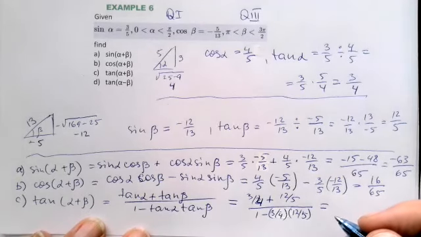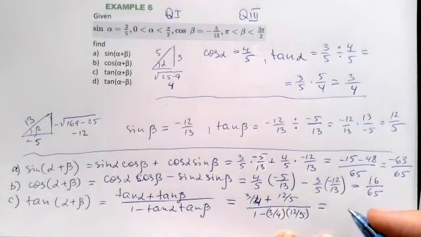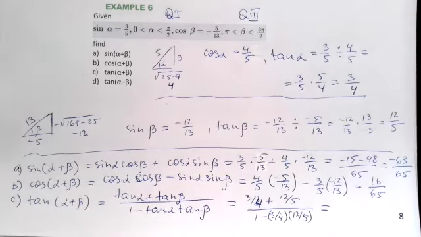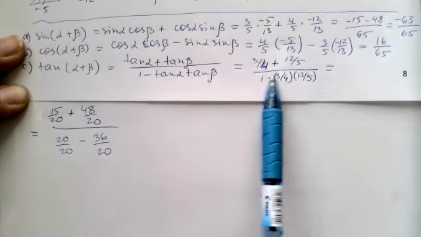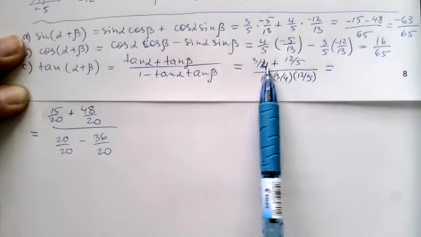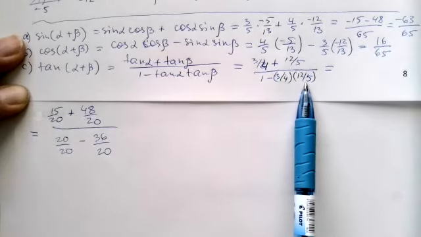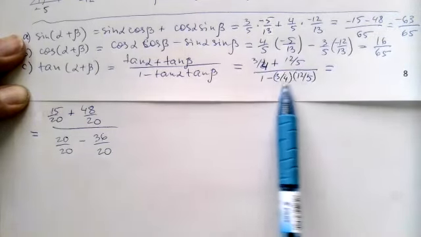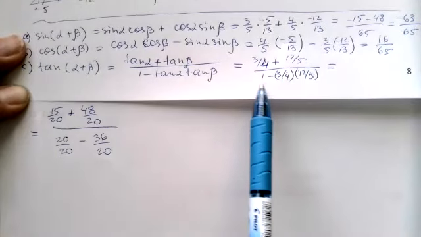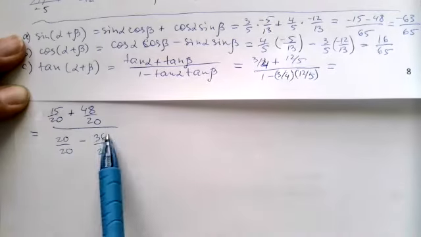Okay, so what do we have? I'm gonna need more room. So what I did, I made sure that we have the same denominator, found the LCD for all of these fractions. So obviously it's going to be 20. So I turned every term involved in this fraction into another fraction with denominator 20.